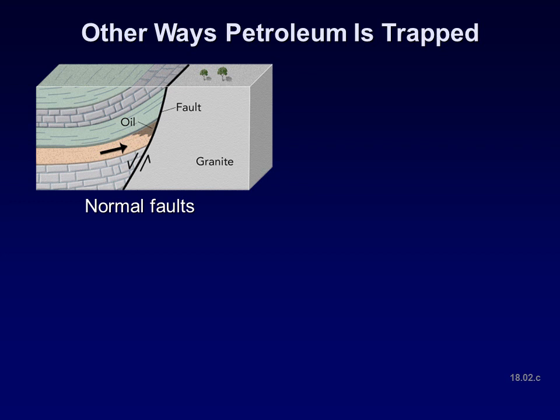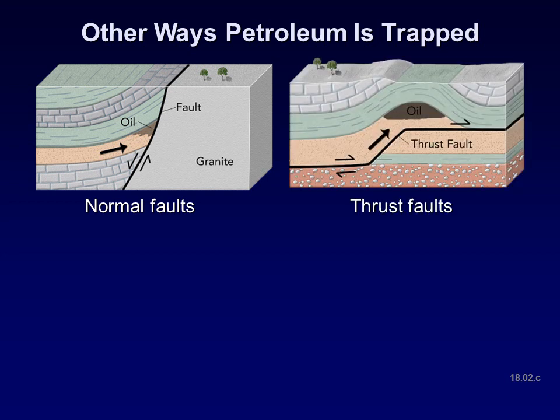So this is not very fractured granite, meaning you're not going to lose your oil in those fractures, but all of our sedimentary layers were faulted in, were moved along this fracture so that now they butt up against this unfractured granite. Thrust faults.